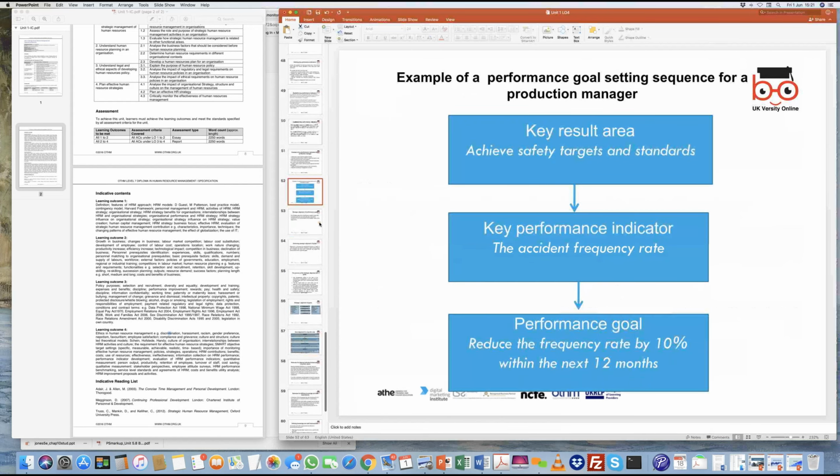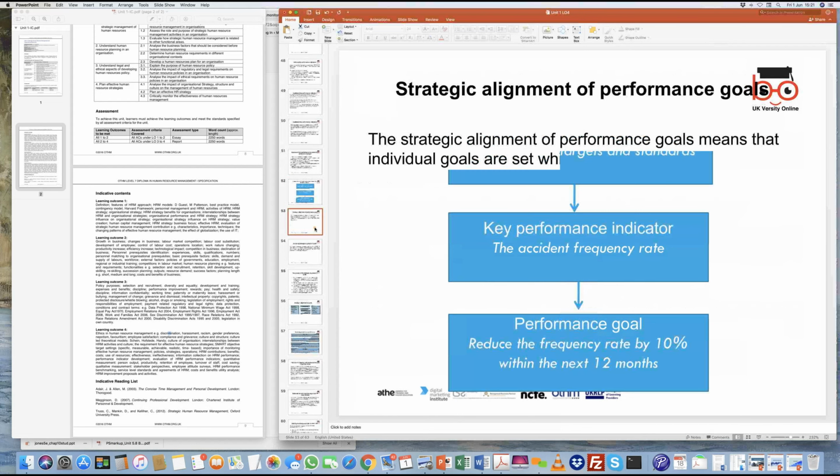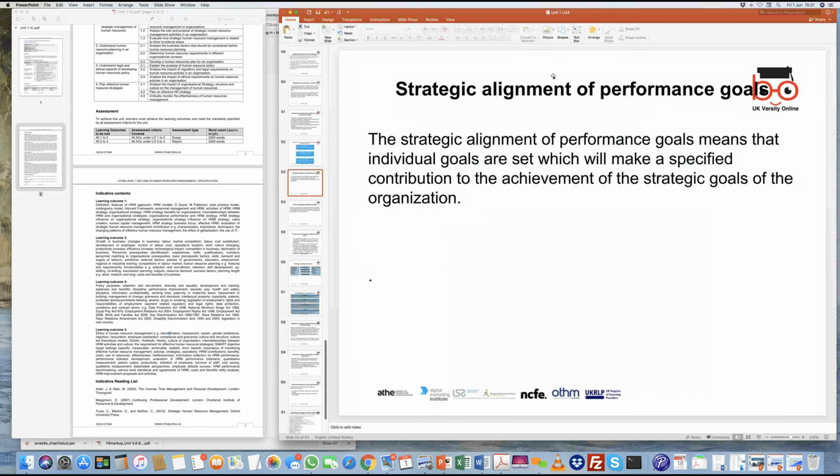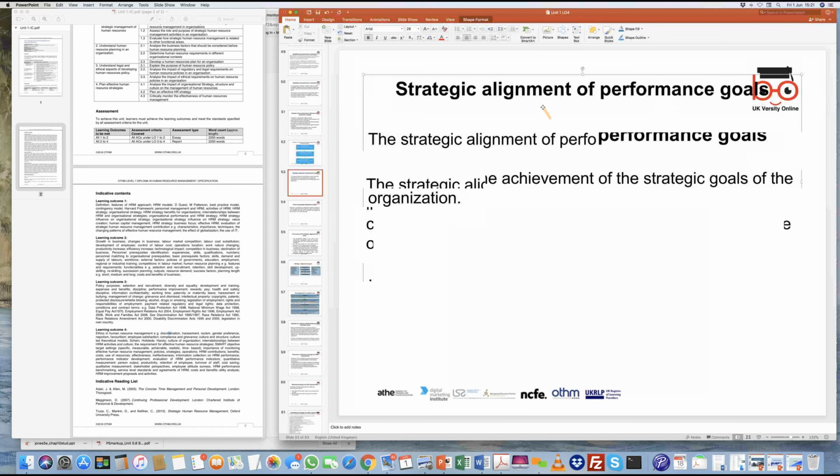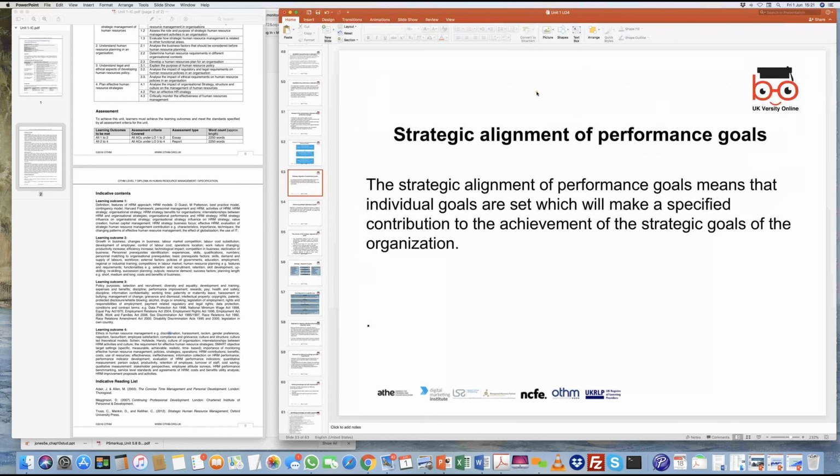Now let's look at how we align performance and goals and objectives that we set to a particular strategy. If we have to set up a goal, we want to set a goal using SMART as a strategy, and that goal should be achievable overall for the employee and also for the organization.